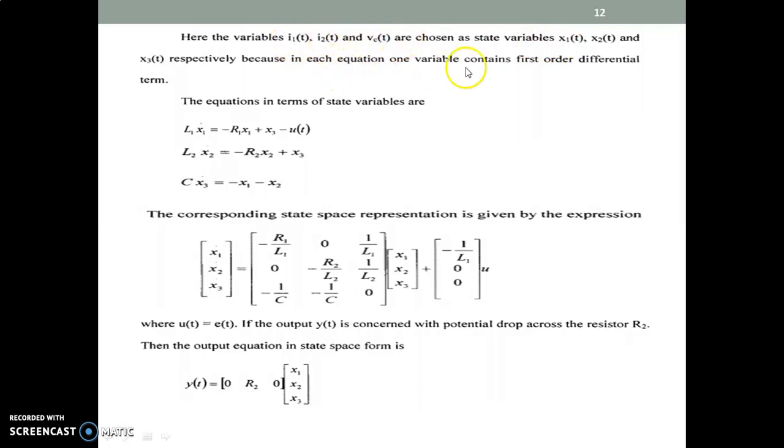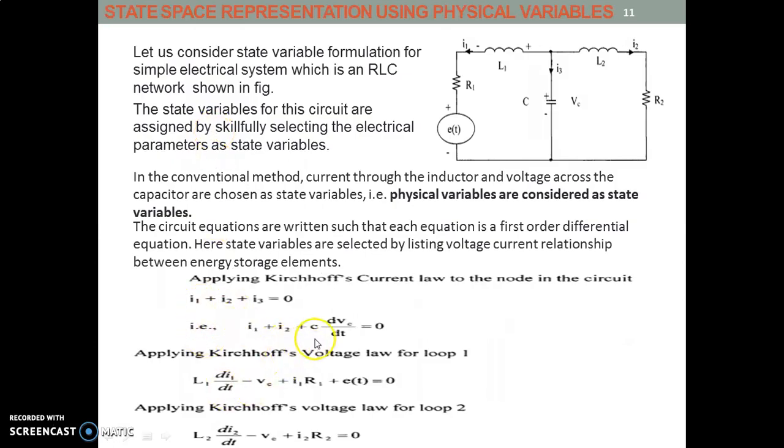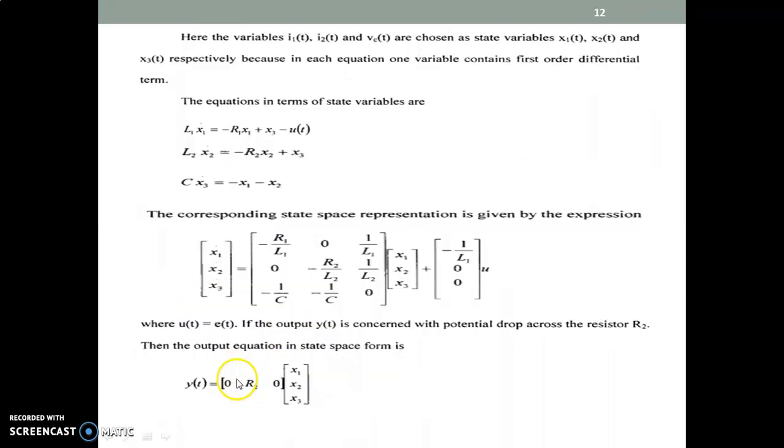In this order, the same expressions we can represent in terms of state variables, just by substituting X1, X2 and X3. Now you see here, left hand side, this is the first one: L1 di1 by dt. What is I1? X1. L1 X1 dot is equal to minus R1 into X1 plus X3 minus U of t.